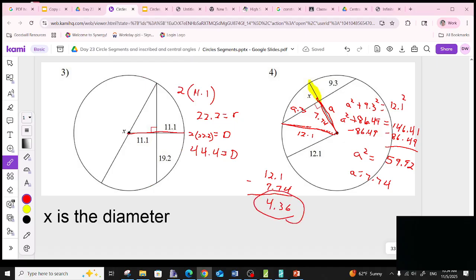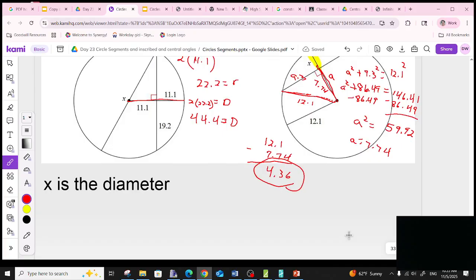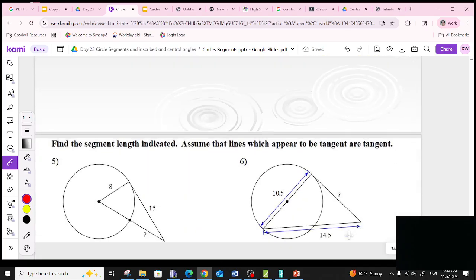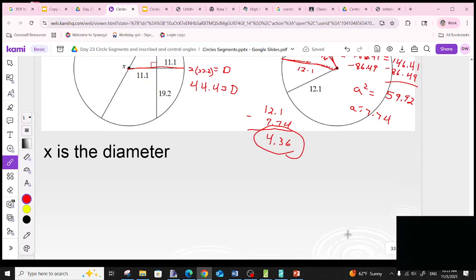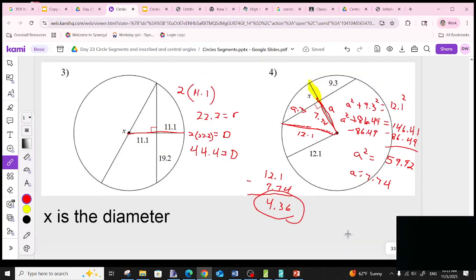So some of these take a couple steps. And that's using your deductive reasoning skills. Yeah, that's X right here. Does that make sense? Okay.